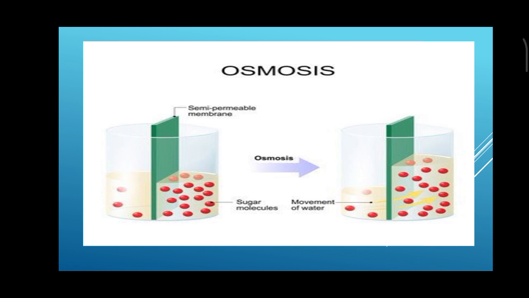Both are separated by a semi-permeable membrane. The solvent will be on one side and solute on the other side. The pure solvent is the only thing which is allowed by the semi-permeable membrane.